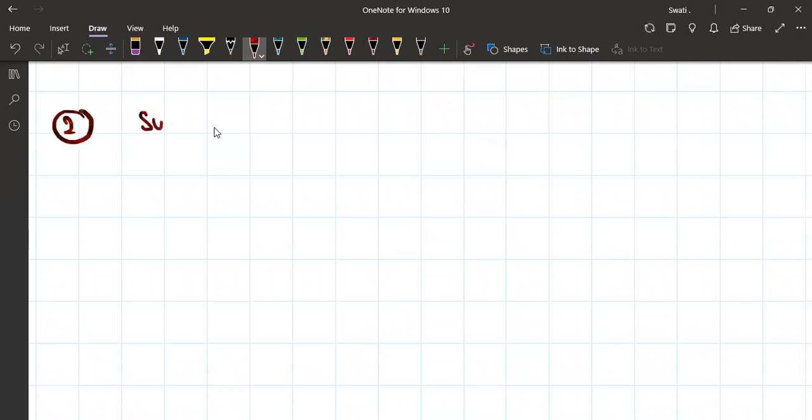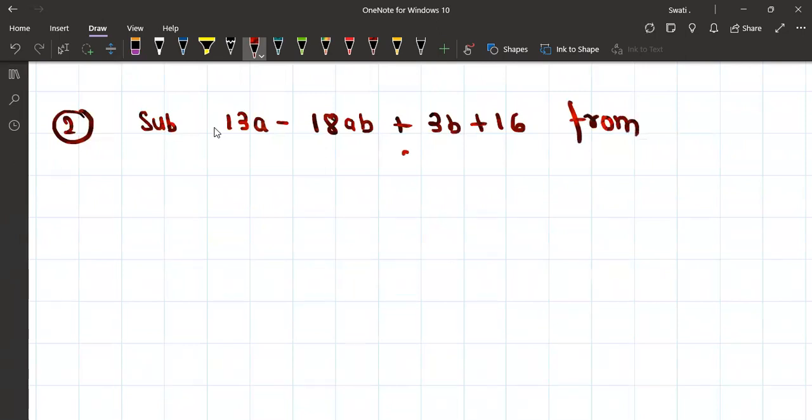We need to subtract 13a minus 18ab plus 3b plus 16 from 22a plus 30ab plus 6b plus 8.